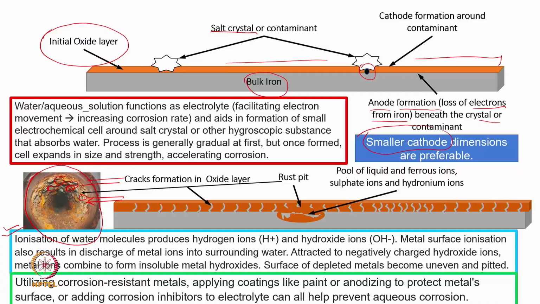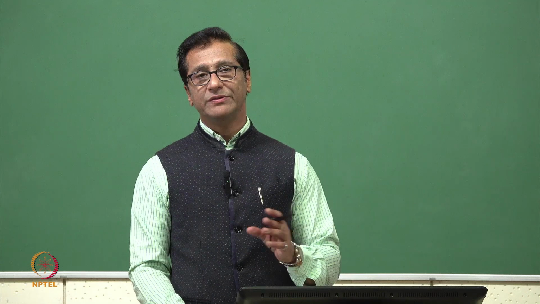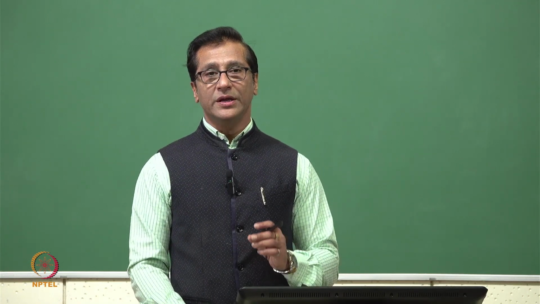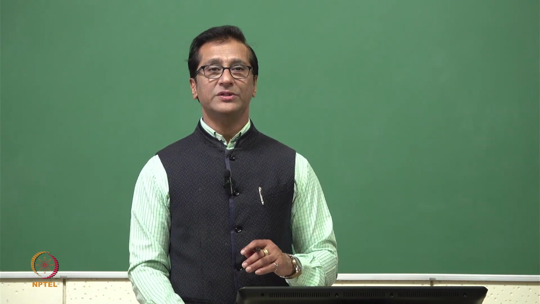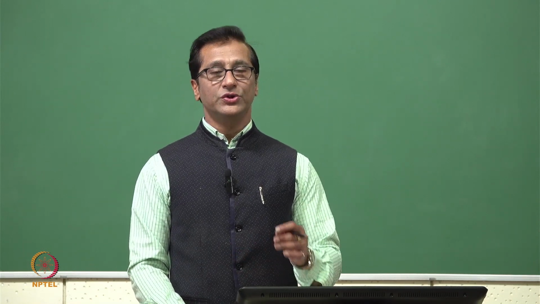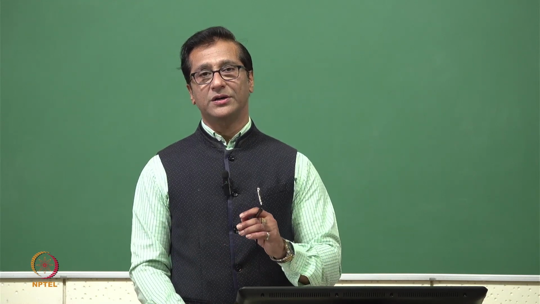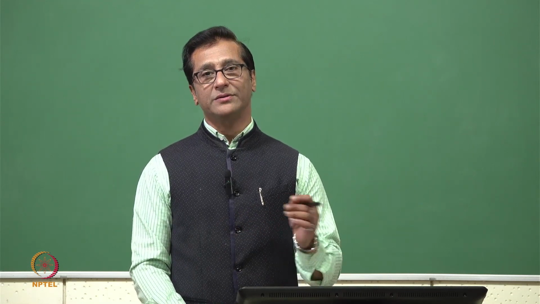So to avoid that, we can use some sort of corrosion resistant metals. We can apply a coating, or painting, or some sort of plating to protect the metal surface. Or even, if we are thinking about a lubricant, we can add corrosion inhibitors to minimize the corrosion rate, or avoid the impact of the corrosive media on the metal surface.